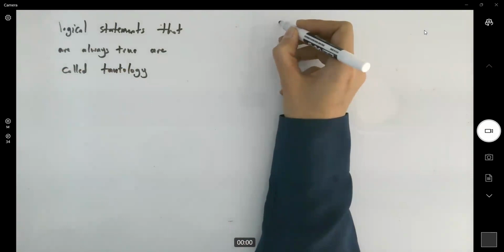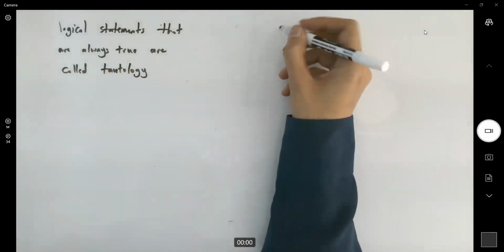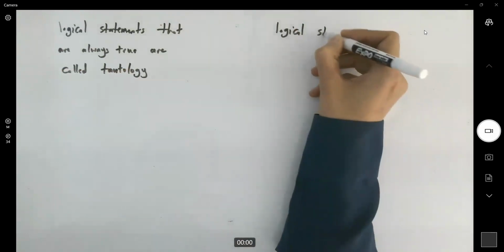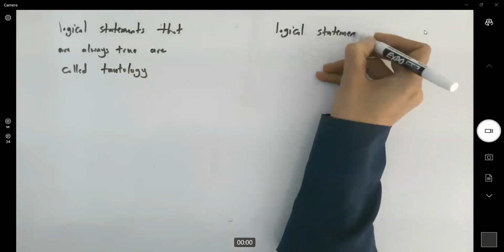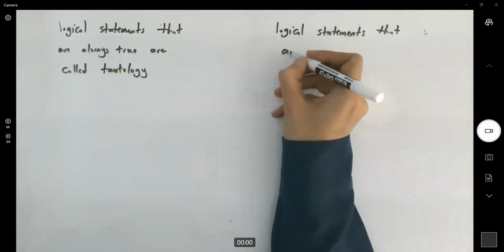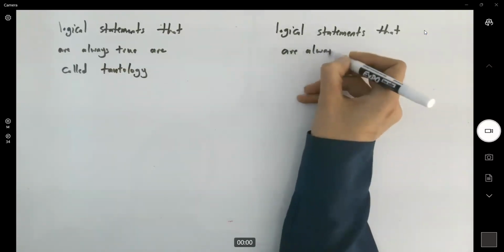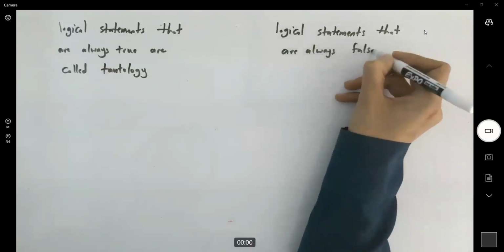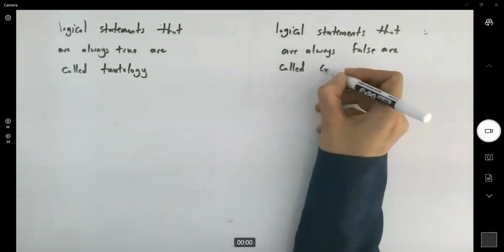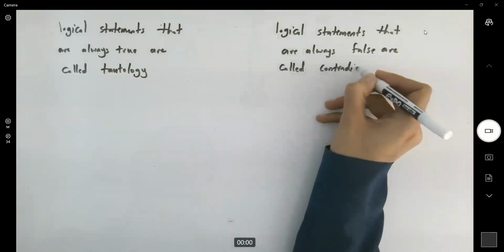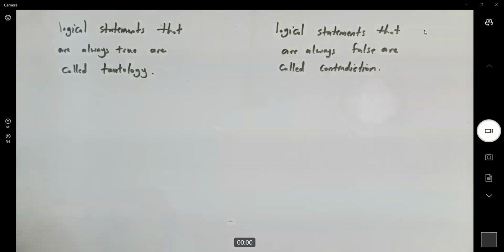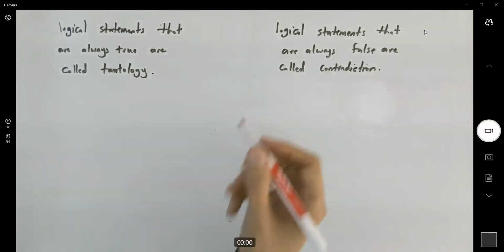Logical statements that are always false are called contradiction. Okay, tautology and contradiction.